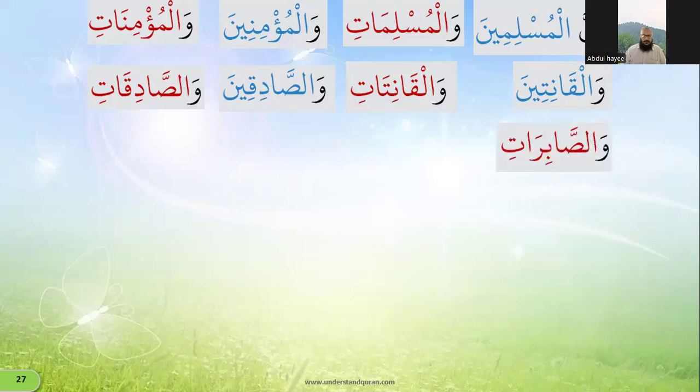What about sabirati? Again the same. Sound feminine plural word with nasb or jar. Was-sabirina. What is this? Sound masculine plural word with nasb or jar. The raf will be sabiruna.